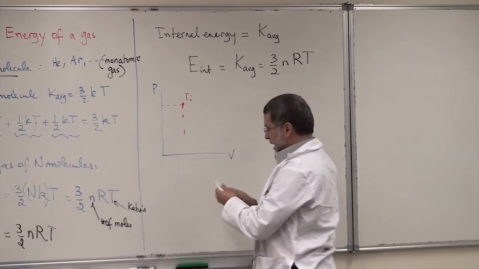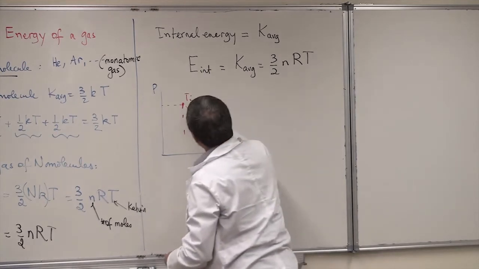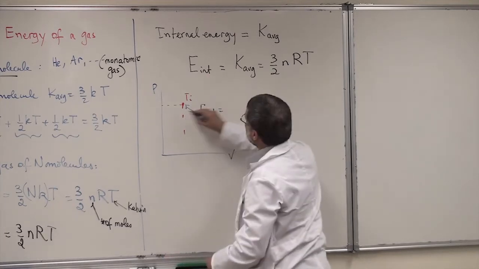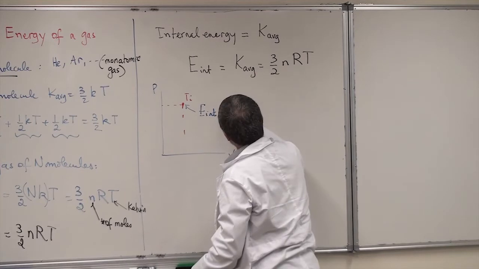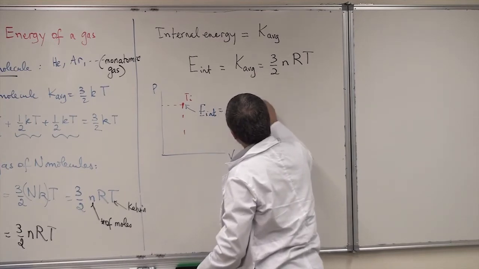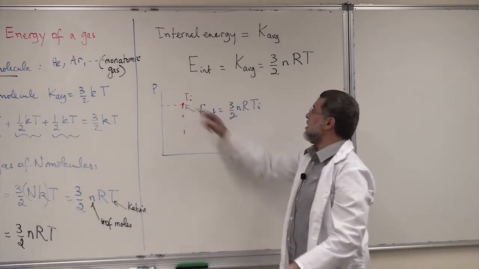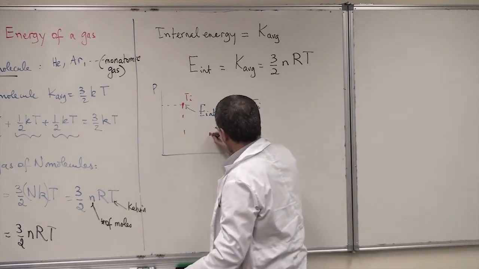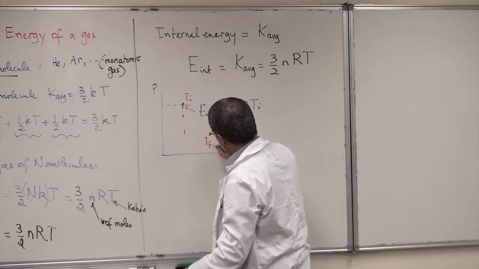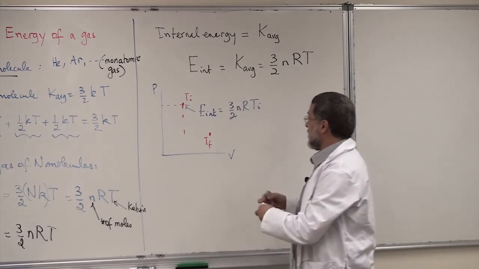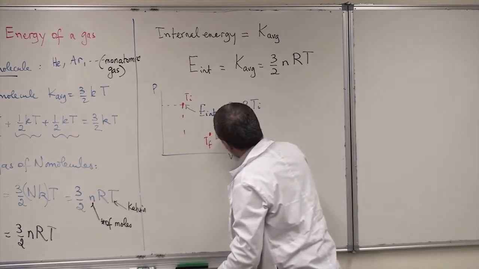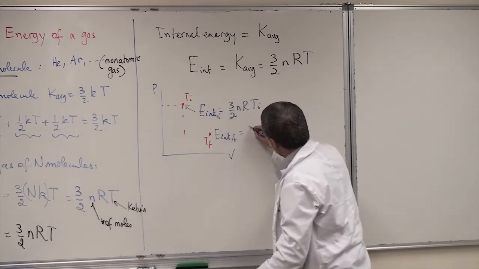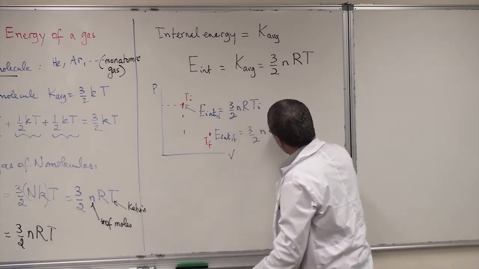The gas in this state has an internal energy, and that internal energy is 3/2 nR T initial. If you go to another final state where the temperature is T final, the gas has another internal energy, E internal final, which is 3/2 nR T final.